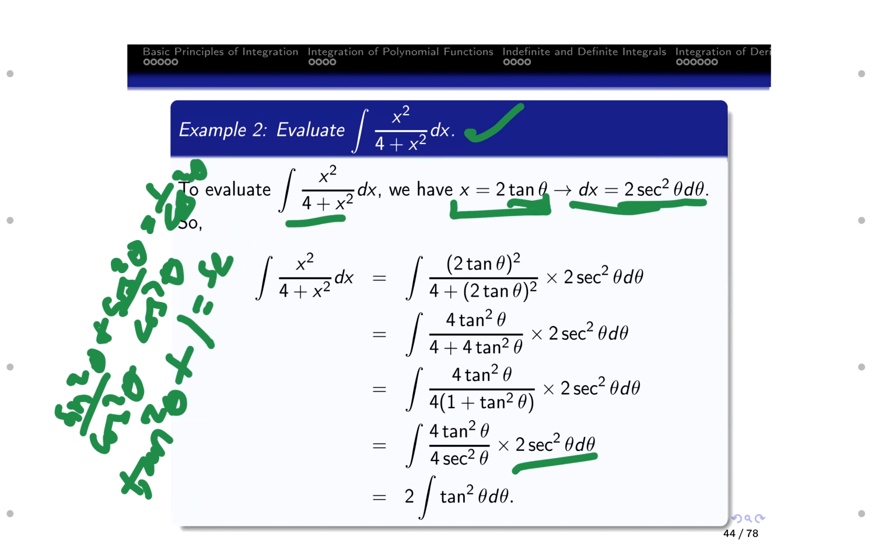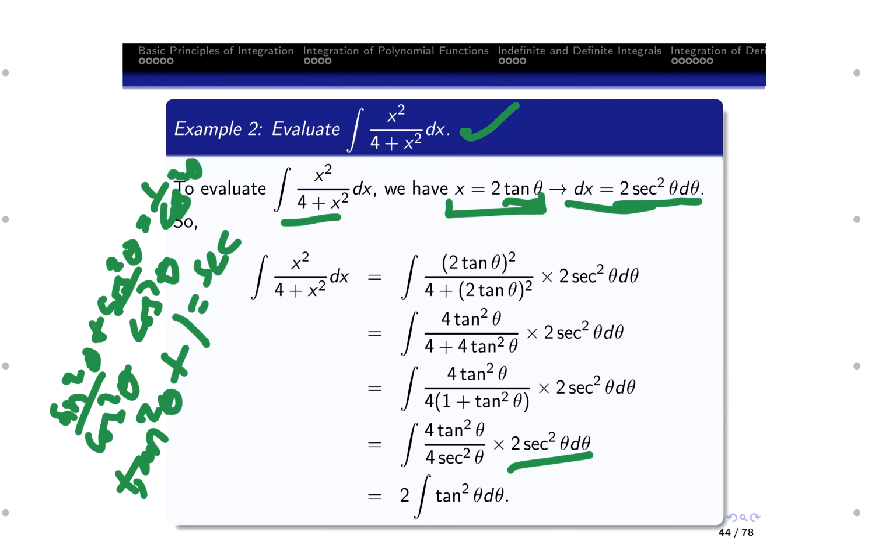So sec squared theta, sorry. Yeah, so you can cross 2 sec squared theta out, and then you have sec squared theta gone here. So 2 remains here. So 2 here is 1, 2 is 2. So this 2 is what comes out here now. And you have tan square theta d theta in there. Now, you have tan square theta d theta. So that doesn't look like something you can also do straight up.